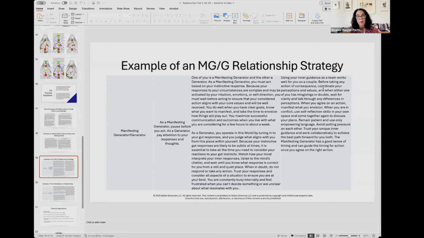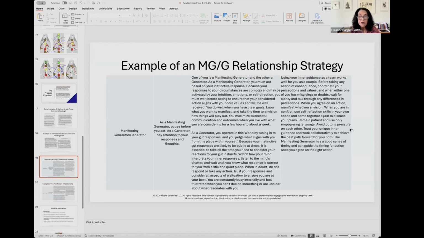So what I say for the couple is using your inner guidance as a team works well for you as a couple. Before taking any action of consequence, coordinate your perceptions and values. And when either one of you has misgivings or doubts, wait for clarity and talk through differences in perceptions.